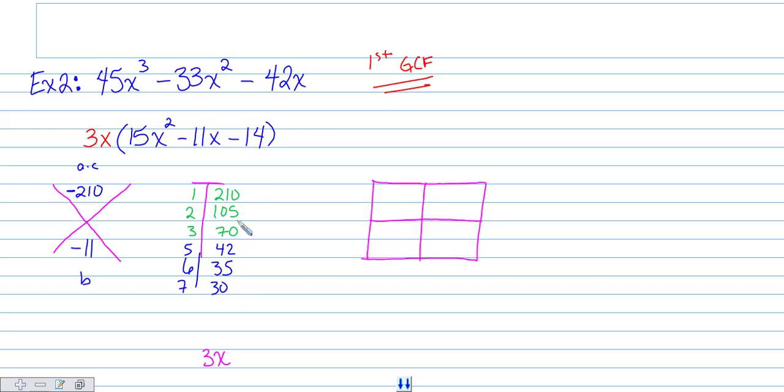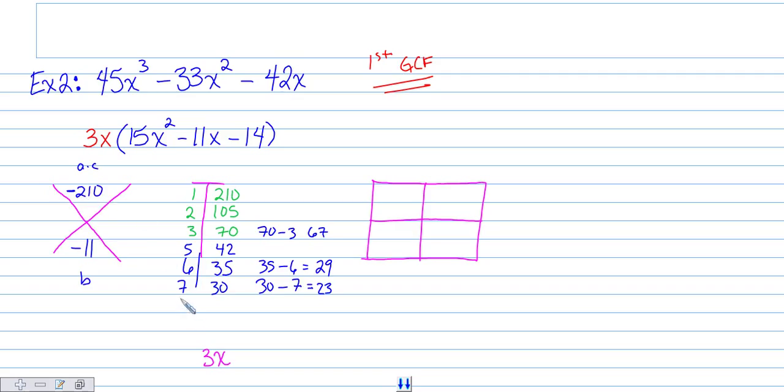Okay, and you can start to subtract these, and you'll see how close you're getting. Like 70 minus 3 is 67. So we're pretty far away from 11. 35 minus 6 equals 29. So we're getting closer. 30 minus 7 equals 23. So we're getting closer.